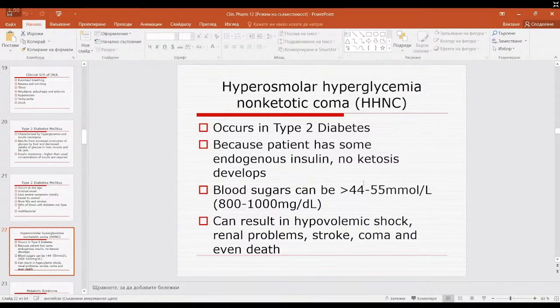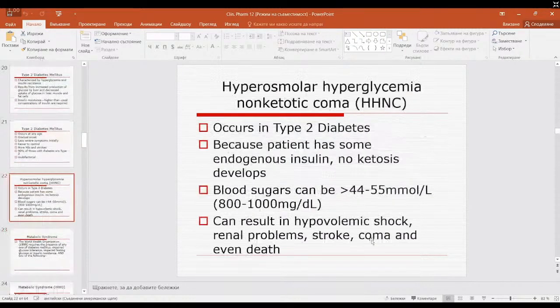And this is again an emergency situation that can result in hypovolemic shock, in renal problems, acute renal injury, stroke, coma, and even death if no measures are taken. In a hyperosmolar, hyperglycemic diabetic non-ketotic coma, when you are treating such patients, you are probably going to be working as physicians in the ER or critical care, or maybe endocrinologists.